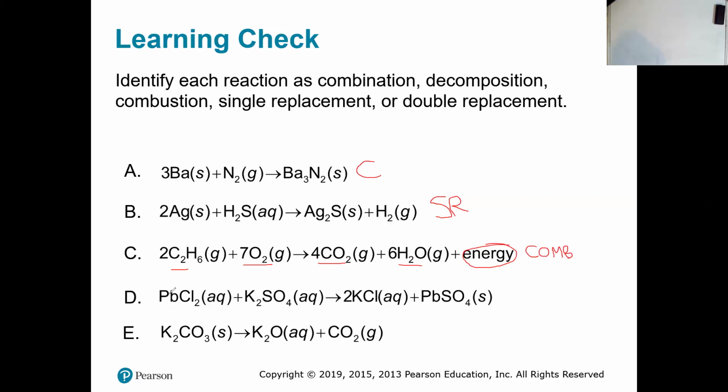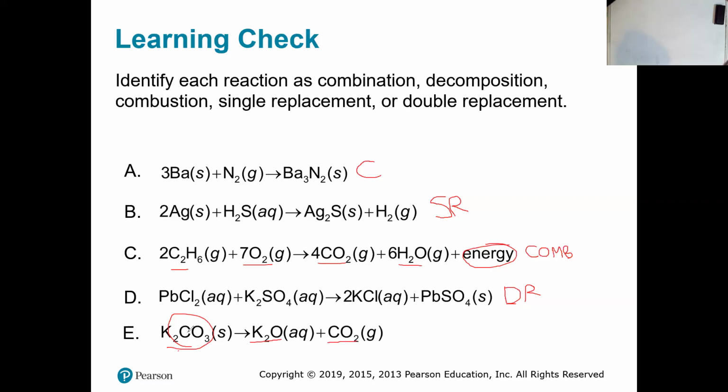Part D, we have the lead and the chlorine, the potassium and the sulfate. And we see on our product side, our potassium and our lead have switched places. Both of them have switched places. That is an example of a double replacement reaction. These two things have switched spots. And in our last example, we start out with one compound and we end up with two smaller compounds.